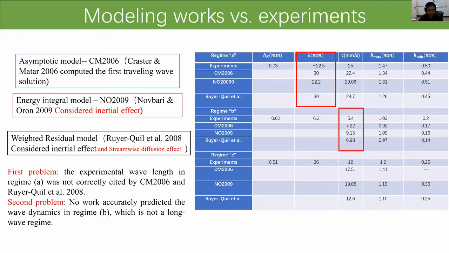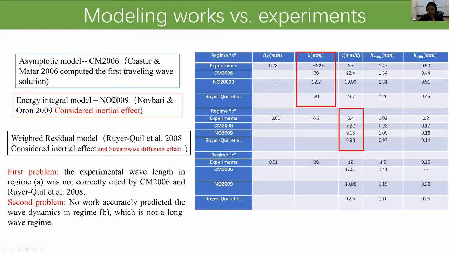However, we find that the second problem is that the two models fail to predict the dynamics in flow region B, because we find that the flow region B is not a long wave regime. A last model, which is very similar to Ruyer-Quil et al.'s study, is the energy integral model proposed by Novbari and Oron 2009, and they neglected the streamwise diffusion effect.